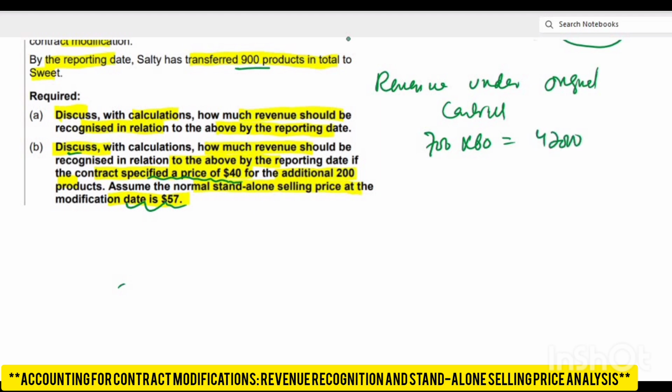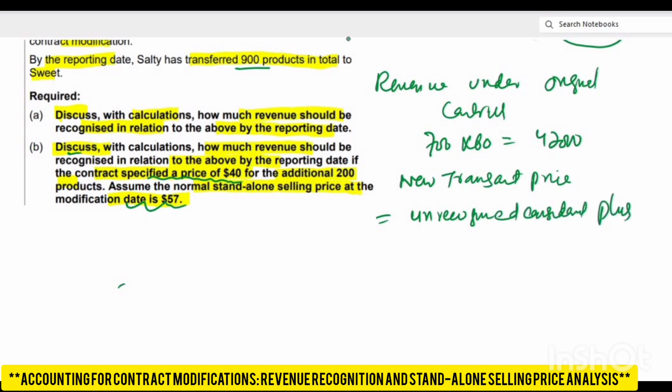Now, the termination of the original and the creation of the new contract, so the new transaction price will be the unrecognized consideration plus the additional consideration.